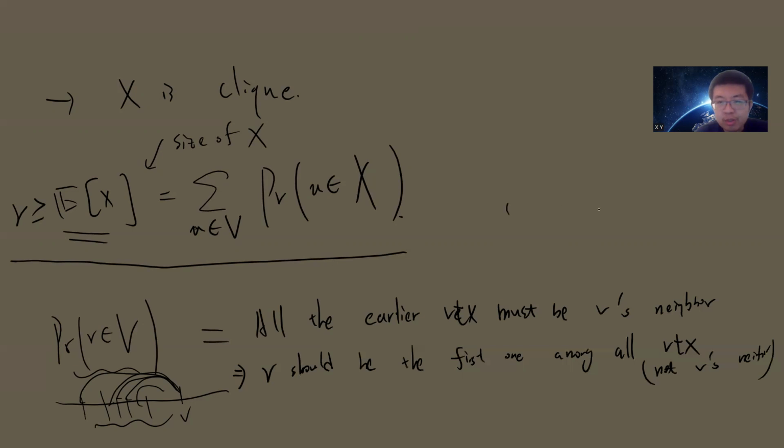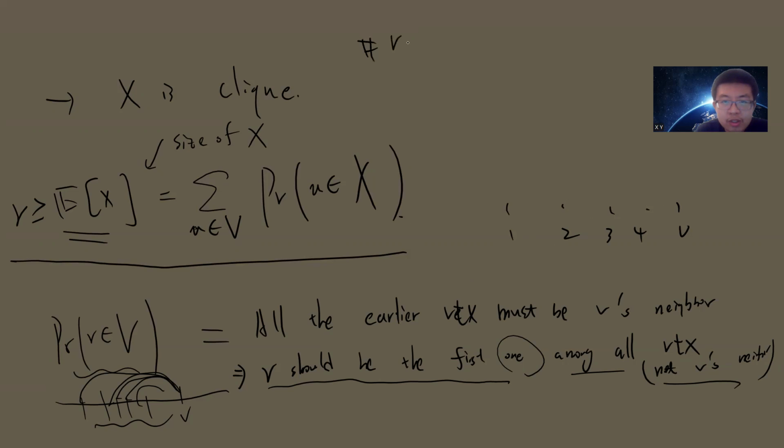For example, you have 1, 2, 3, 4, 5. This is v, and these 4 vertices are not neighbors of v, because v does not connect to these 4. So v should be the first one among all vertices which are not v's neighbors.